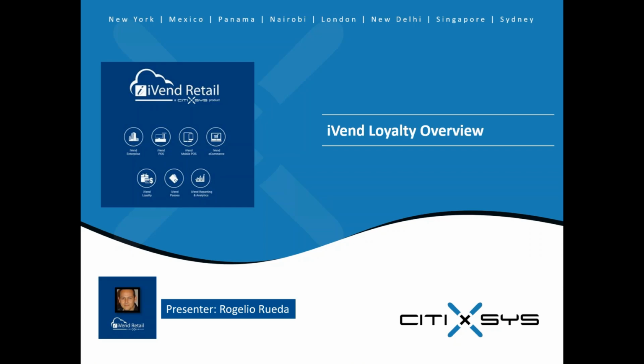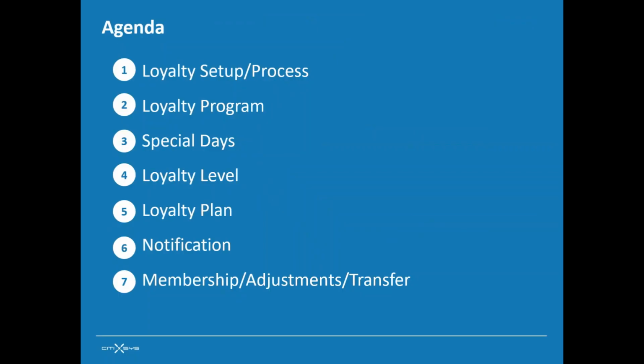Let me start by showing you what the agenda will be this morning. Today we're going to be talking about the loyalty setup and process. We're going to talk about the very basic, the very start of the whole loyalty solution, which is the loyalty program. We're going to talk about special days and the loyalty levels that you can define for your loyalty program. We're going to talk about the loyalty plans that you can attach to your loyalty program.